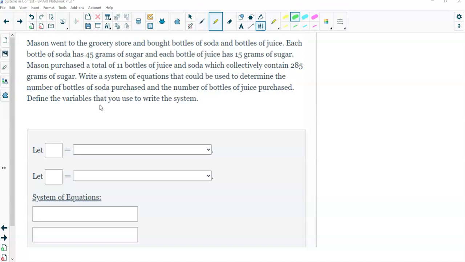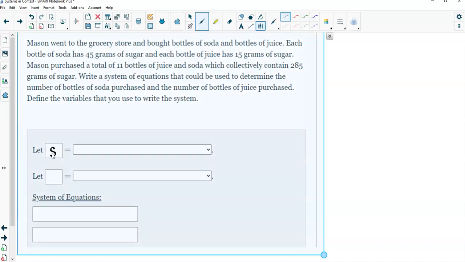So that's great. Okay, so let's take a look at this. They are asking me to create a system of equations, and they're letting me define my variables. So it says each bottle of soda, so let's use S to make it easy. Let's use S, and that would be the number of bottles of soda.